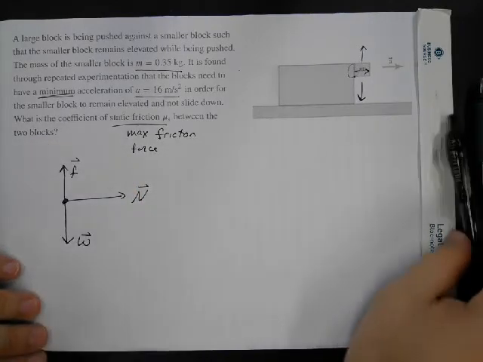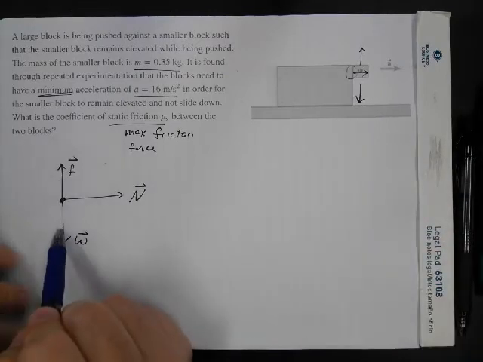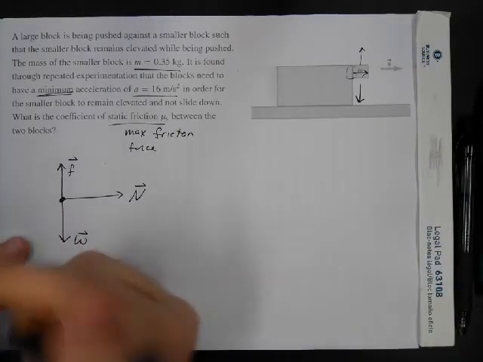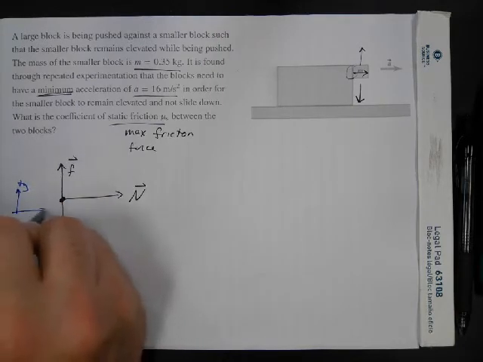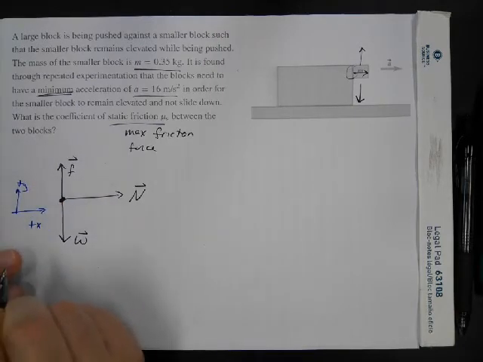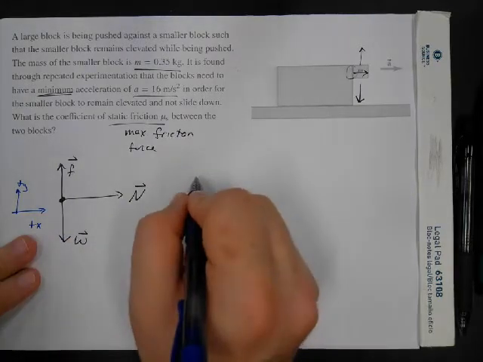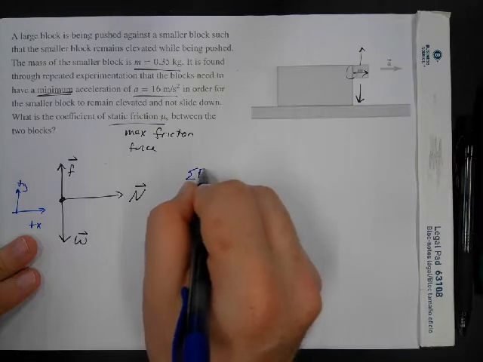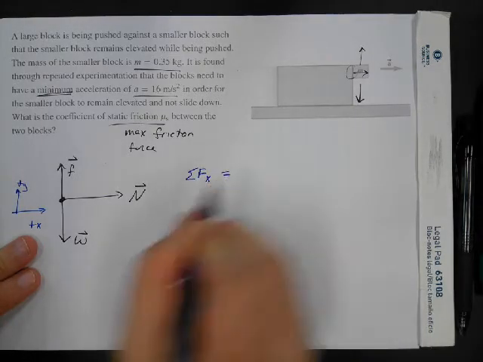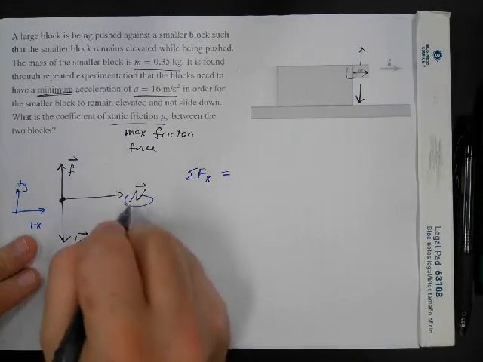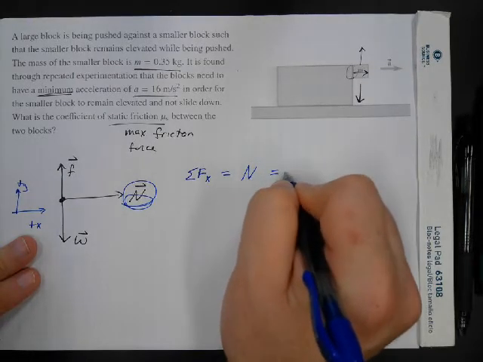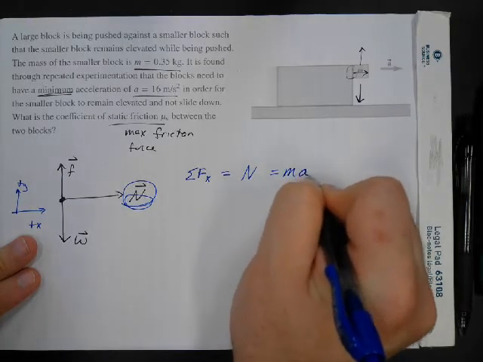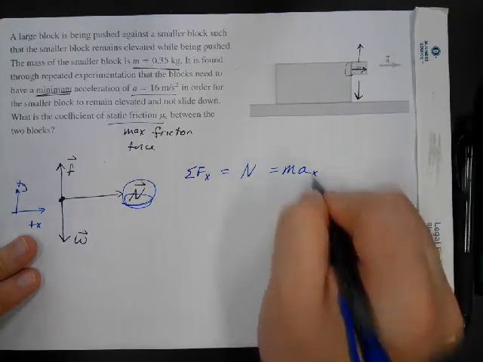So now we can take this and use it to do Newton's second law. We will take up as positive y, and to the right is positive x. So we'll say sum of the forces in the x direction. The only force that's in the x direction is our normal force, and that equals the mass times the acceleration in the x direction.